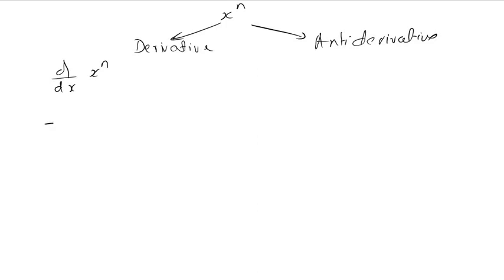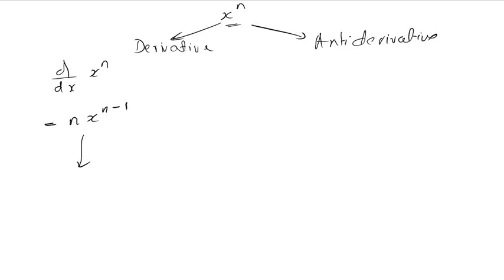So the derivative of this was n x to the power n minus 1. That's your derivative. Now we want to see whether, if we take the derivative and then the antiderivative, we get the function x to the power n again. So let's take the antiderivative.